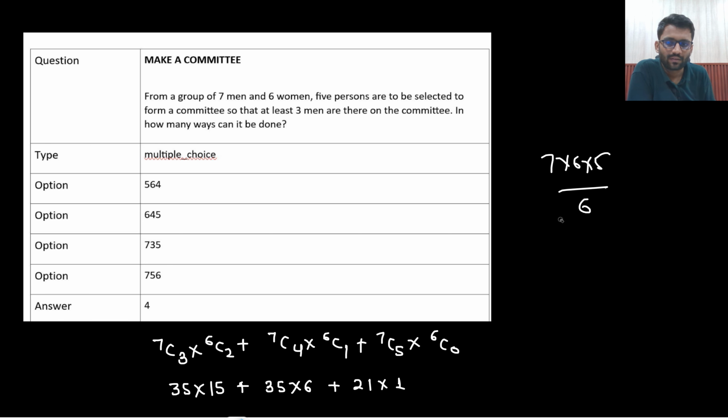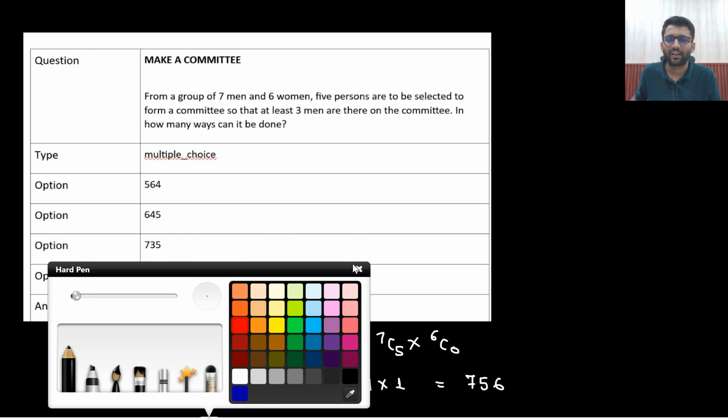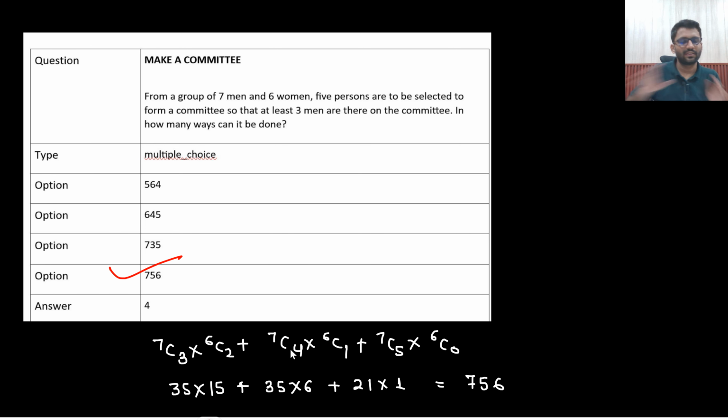Okay. So 35 into 15 plus 35 into 6 plus 21. So 756. By calculating it, we get 756, which is a very easy problem, very easy on PNC.